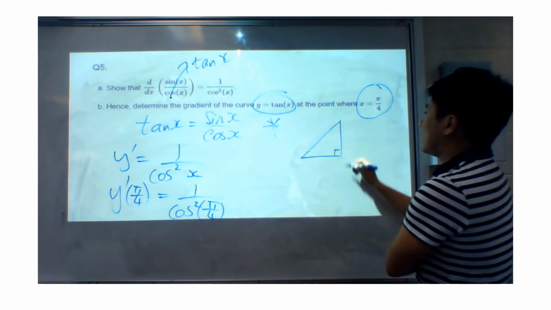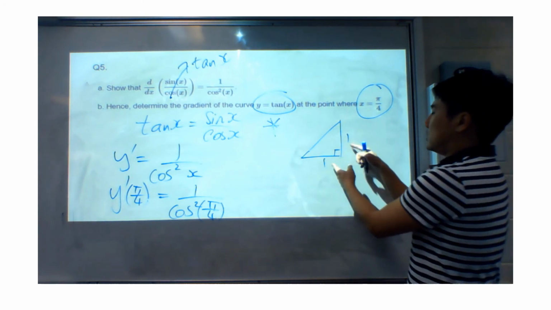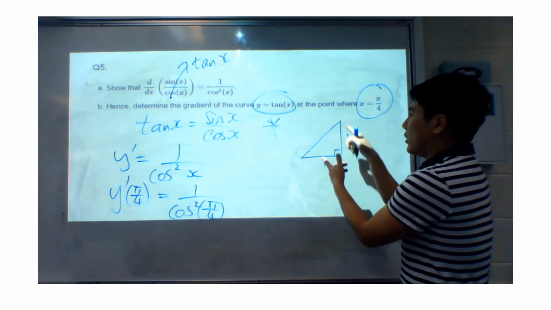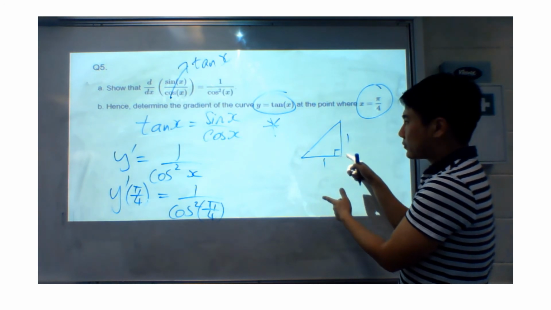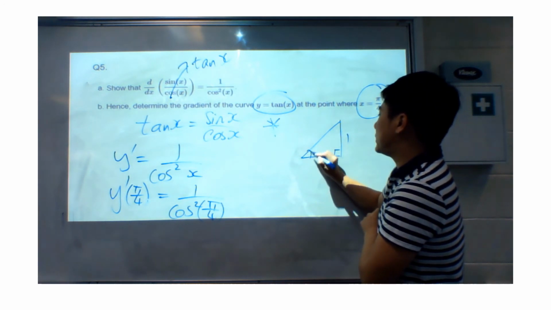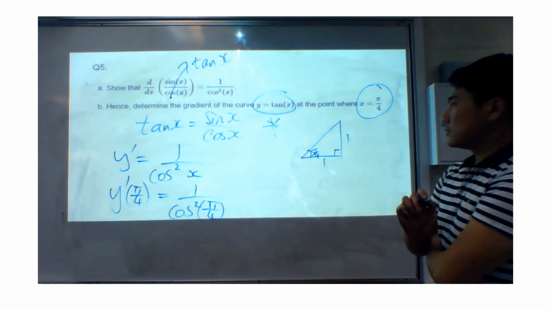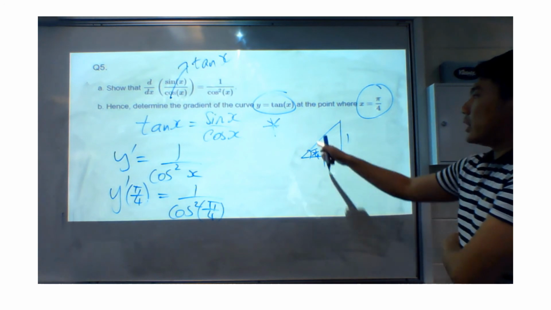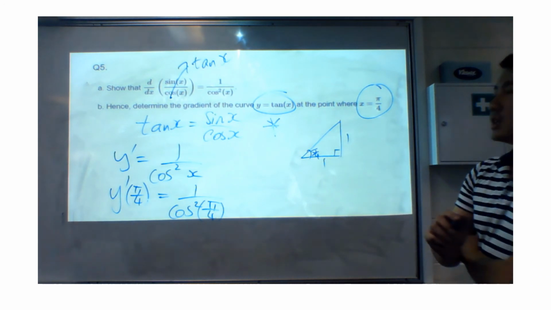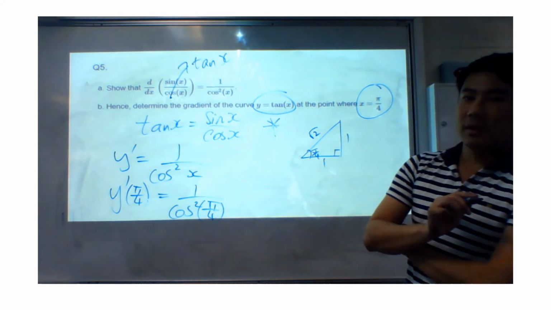And then I would have 1 and 1 on these two sides. We know for these sort of triangles, if this is a right angle, these would be 45 degrees, which is just pi over 4. And using Pythagoras, you know this side is going to be root 2.